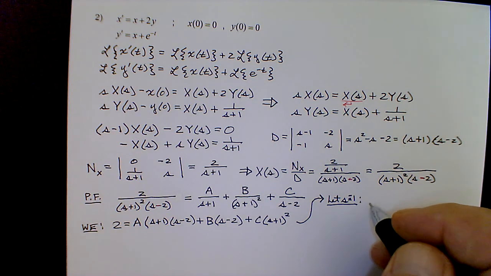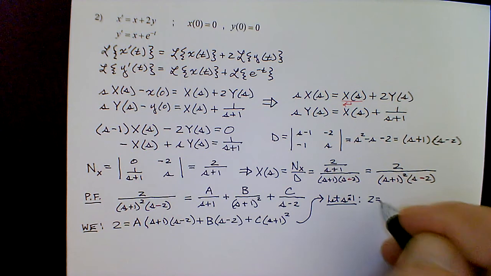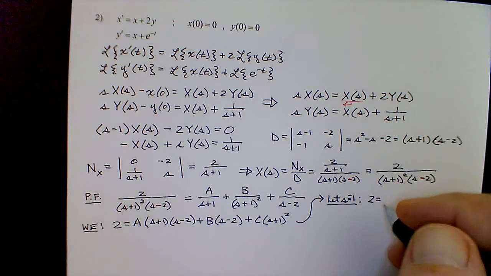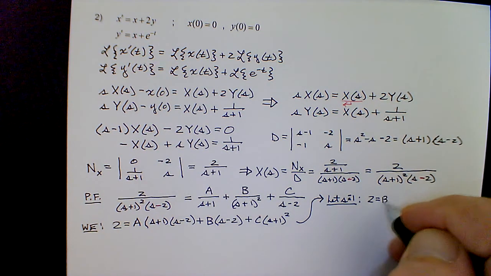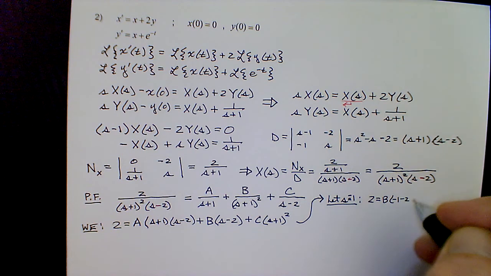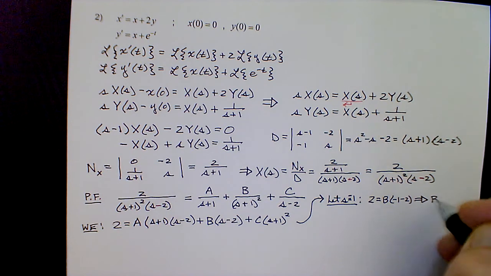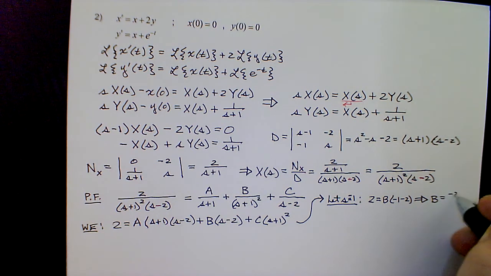On the left we get 2 equaling the term containing A, and the term containing C goes to 0. So we just have B times minus 1 minus 2. So therefore 2 would equal negative 3B. So B is negative 2/3.